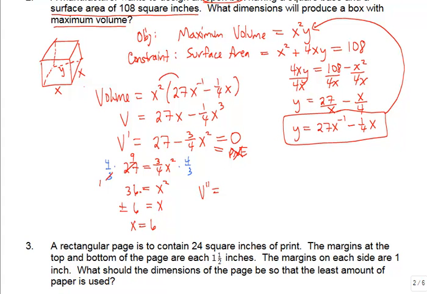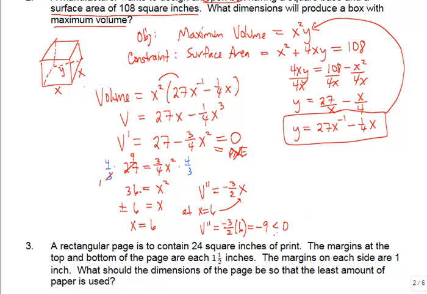The 27 goes to 0, and when I bring down my 2, -3/4 times 2 reduces to -3/2, and x squared becomes an x. Now this does have an x still in it, so at x equals 6, when I plug that 6 in, this second derivative becomes -3/2 times 6, or -9, which is less than 0.